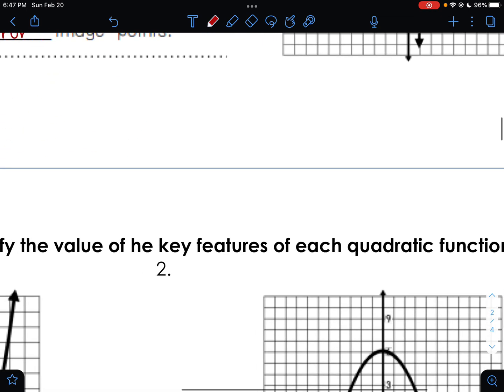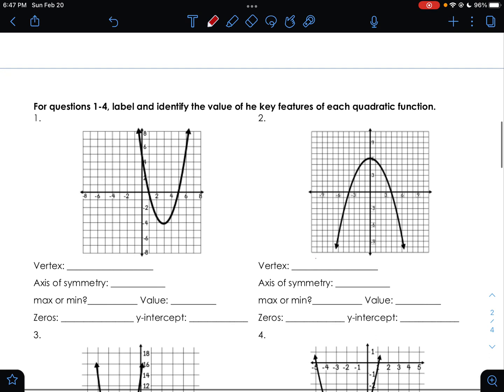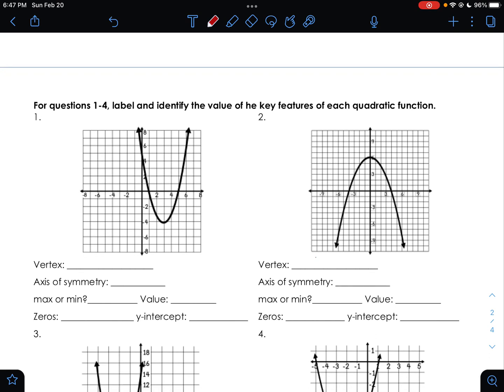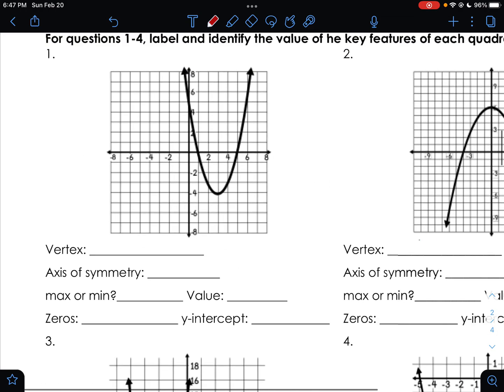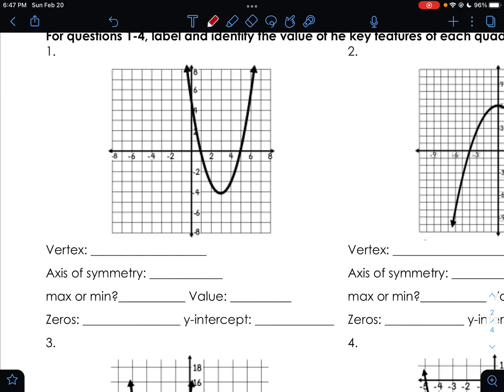So now we're going to do some practice problems to practice labeling these key features. Starting with this first one, we're going to label the vertex, the axis of symmetry, determine if it's a maximum or minimum and what that value is, the zeros, if it has any, and the y-intercept. Here we go.